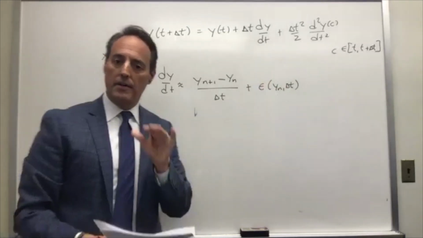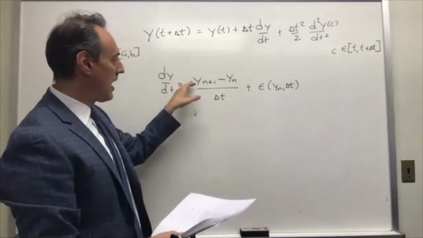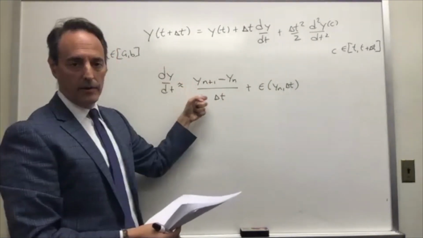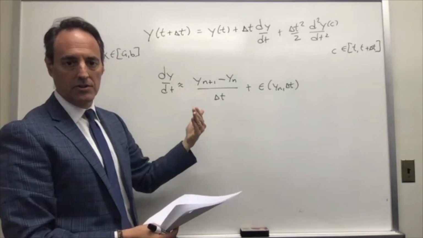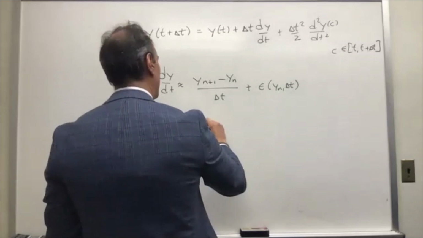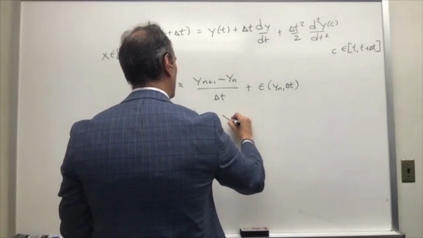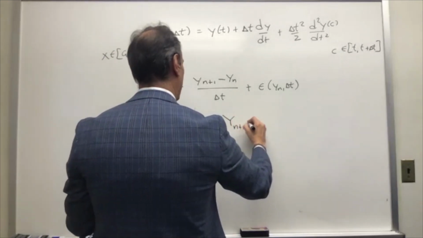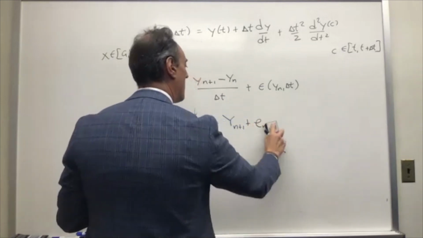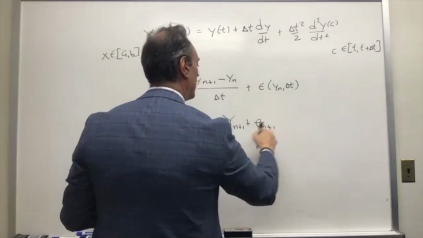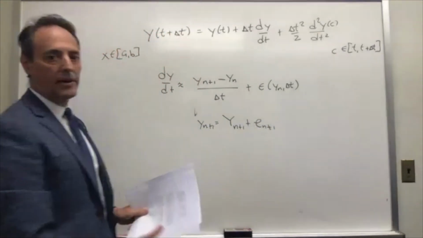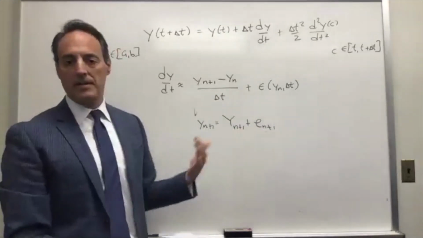Numerical round off tells us that I can never actually give you the exact value of this. I can only give you the value to 16 decimal place precision. So y of n plus 1 is equal to, let's call it capital Y of n plus e of n plus 1. This little e, different from that epsilon, is my numerical round off error, like 10 to the minus 16.